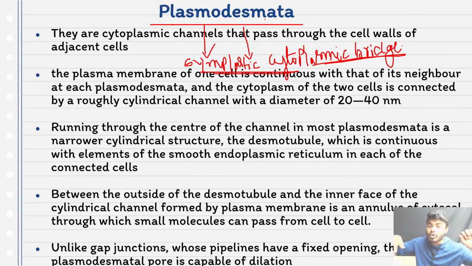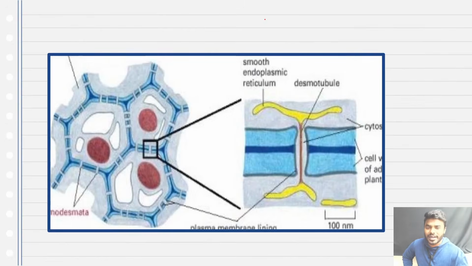That's the point I want you to remember. Plasmodesmata, friends, will allow only a particular ion or particular molecule having a fixed size or a fixed shape, and most importantly a fixed molecular weight also. Kindly do not get confused.